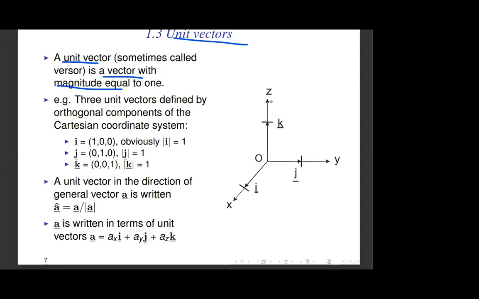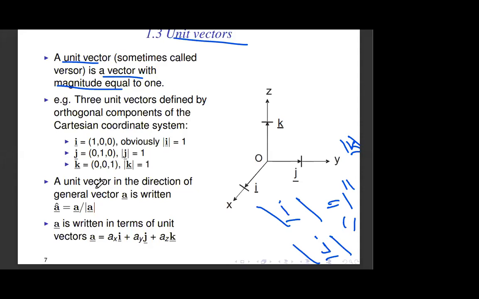The magnitude of all unit vectors is equal to 1, and the direction of i is in the OX direction.